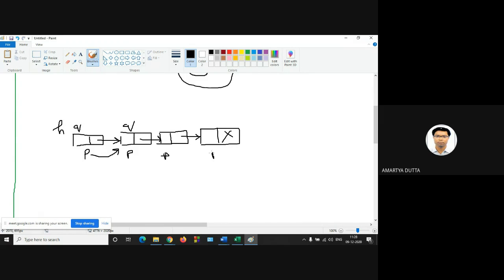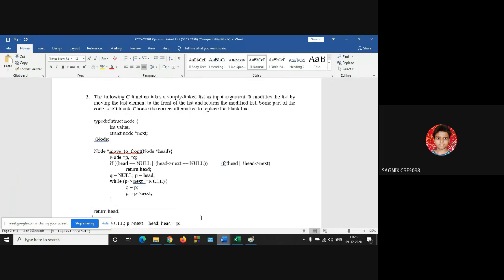Finally p will be at the last position and q will be at the second last position. After the completion of the while loop, your final p and final q will be at these positions. Is it clear to you? Yes, sir. Then you have to write something in the blank, and finally return head.